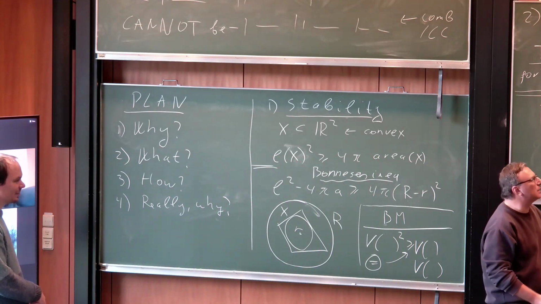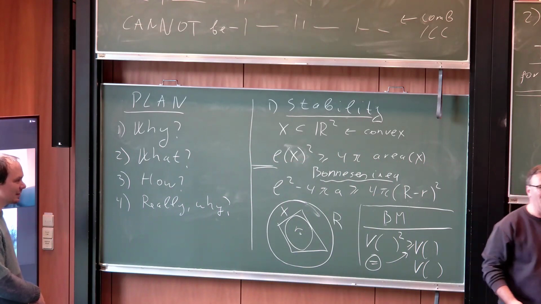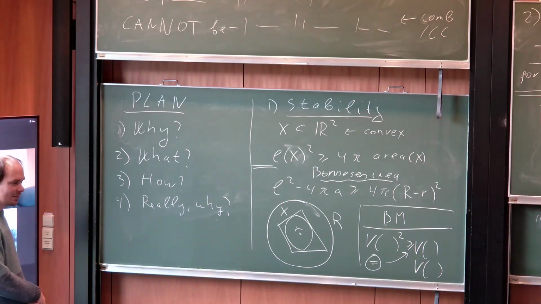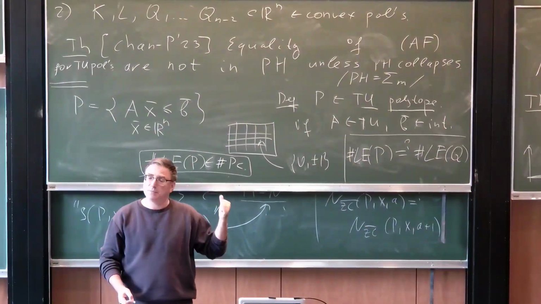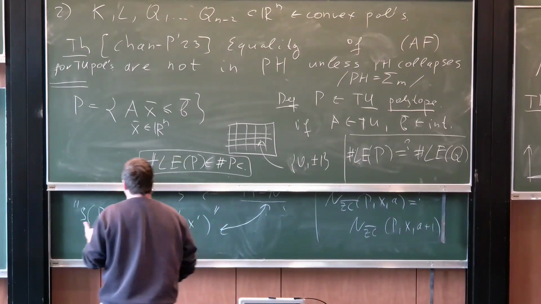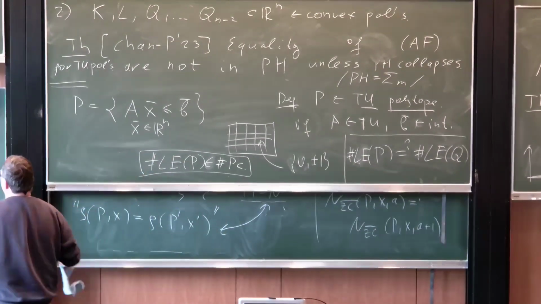What I wanted to understand is the same question as Igor asked: why can't you prove the Stanley inequality bijectively? That's what I really wanted to know. And this answers my question. So I'll write one formula and then stop.